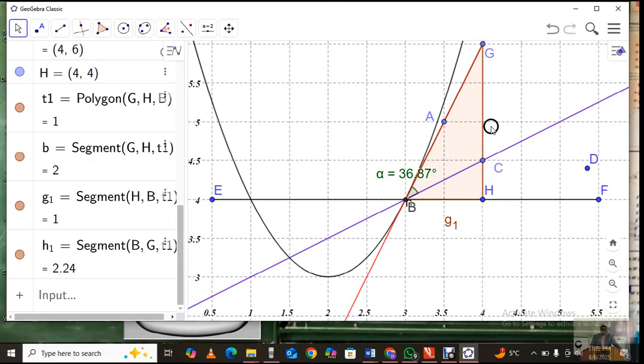You have got the opposite side divided by the adjacent side. The opposite side is 4, divided by 2. If you take 4 divided by 2, do you realize the gradient is equal to 2? So the gradient of this line is 2. So we will equate that gradient of 2 to the tangent ratio, because the tangent is the opposite divided by the adjacent side. So that's what you are expected to do.